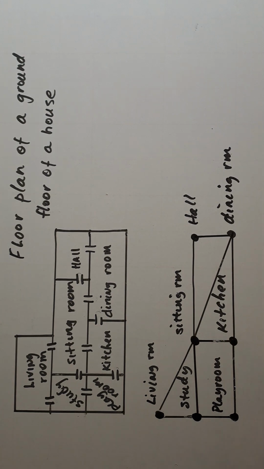And from the living room, we can get to the sitting room and the study. From the kitchen, we can get to the sitting room, dining room, and the playroom.